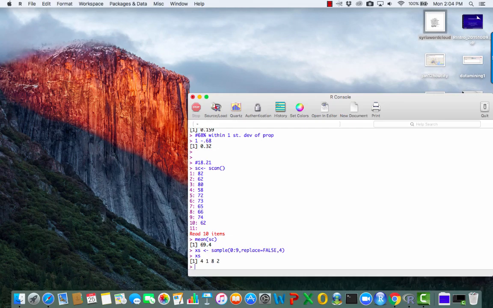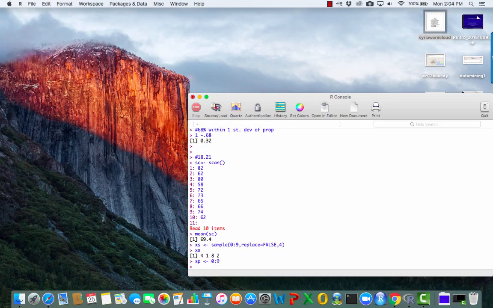Now remember, this is 1 up. So we need an X for the sample, what should we call this? XS.